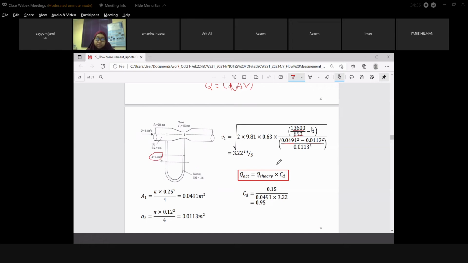Okay, then you find the coefficient of discharge, where the Q actual is 0.15. Where do we get this value of 0.15?